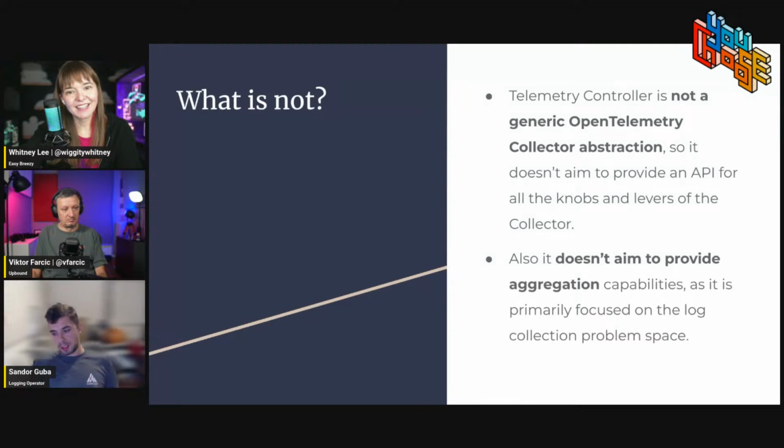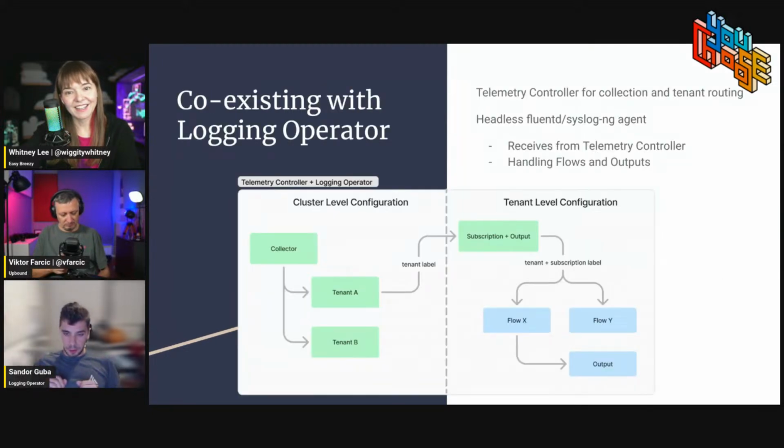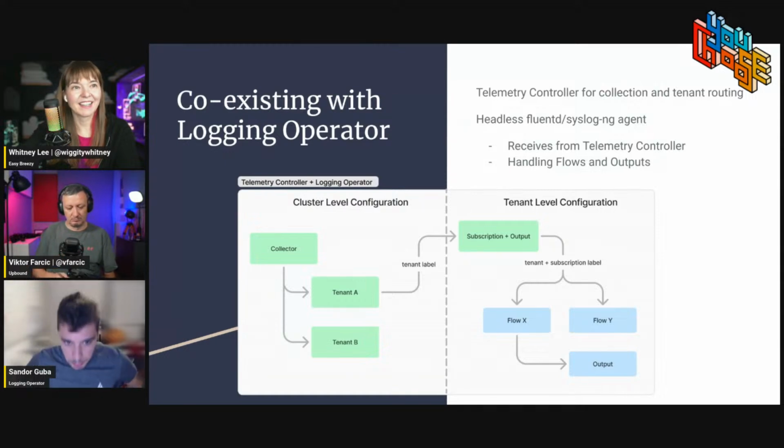I want to highlight that telemetry controller is not an OpenTelemetry operator. It doesn't come with all the bells and whistles. It's a very opinionated and very narrow-scoped project to help you manage the log collection part until it gets to the proper tenant aggregator or destination. You can have a view about what these two projects do, but this is a very high-level overview.